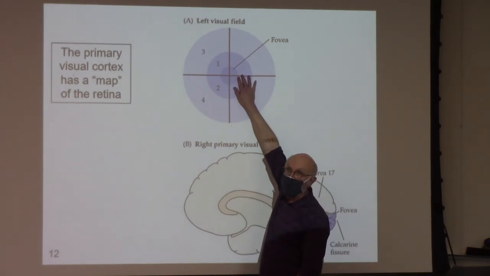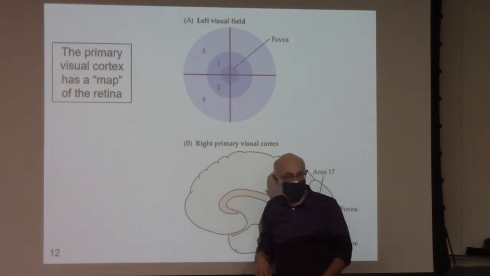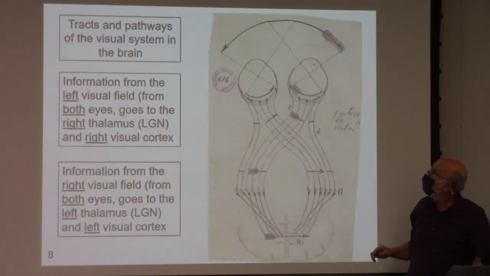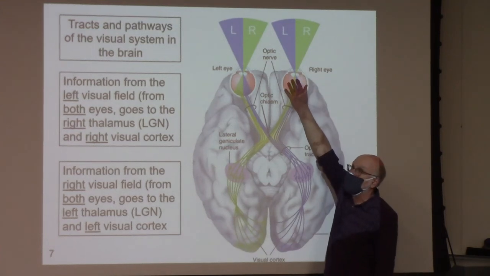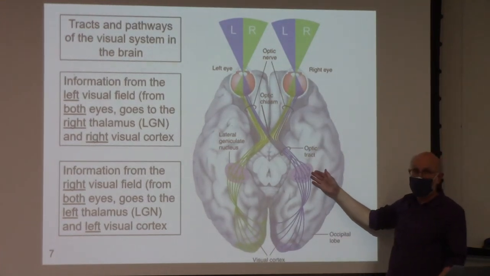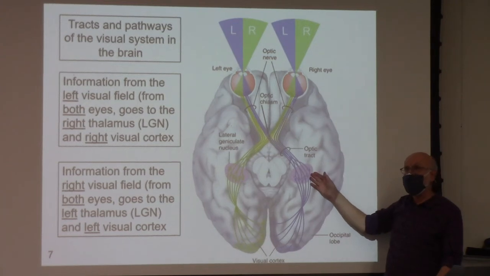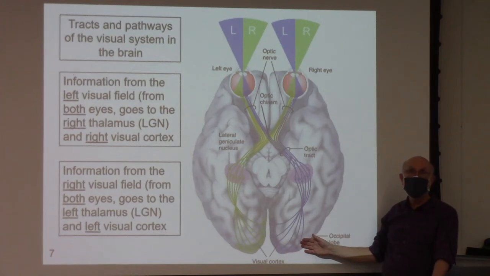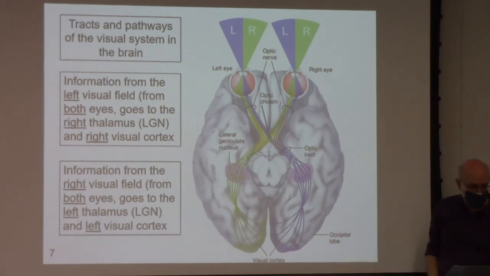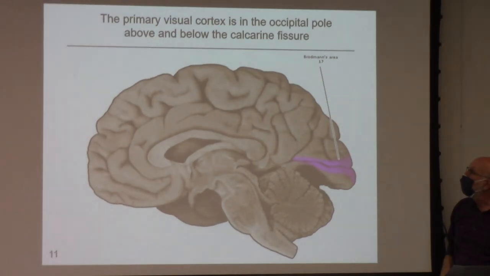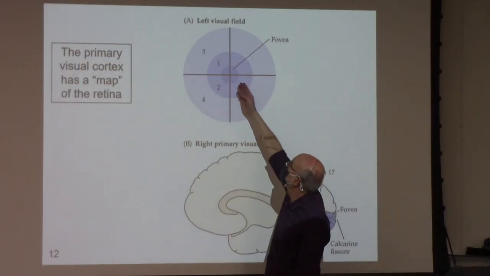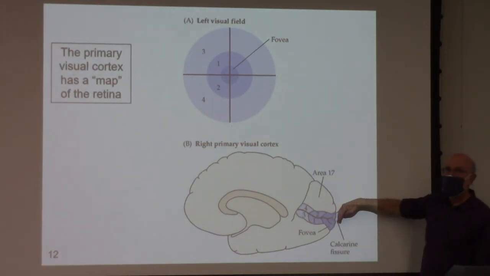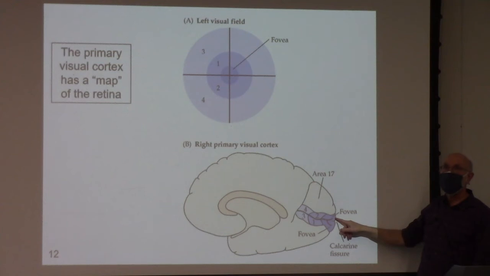The fovea of my left visual field, remember, the information from my left visual field ended up in my right lateral geniculate nucleus, and it ends up in the right primary visual cortex. So left visual field, the fovea, is most posterior, is mapped most posterior.